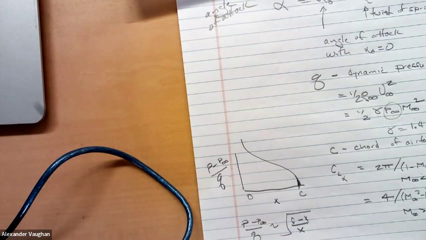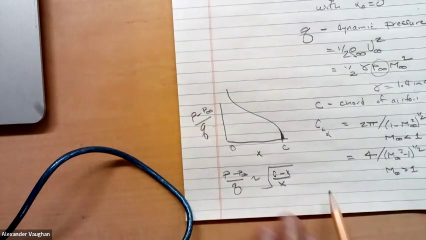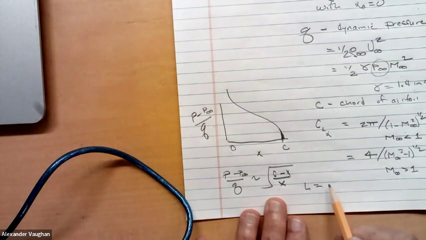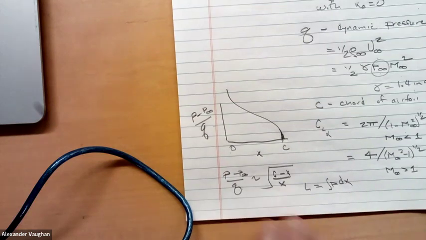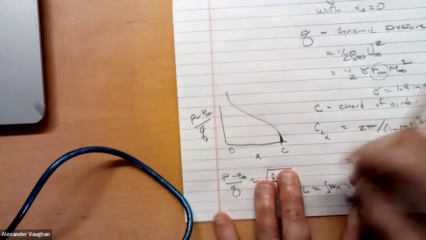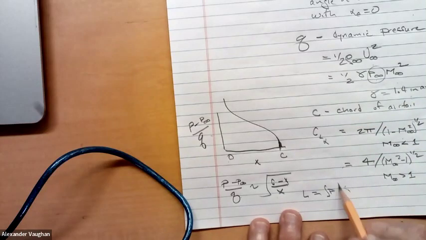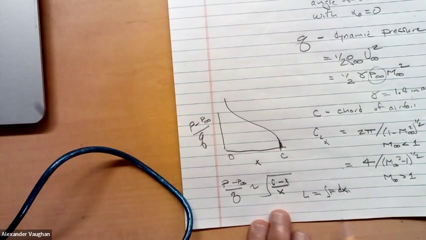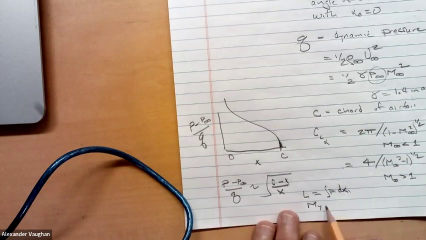And so when I integrate the pressure to get lift, the lift, by definition, is the integral of pressure dx. And the moment about any axis is p times x dx.